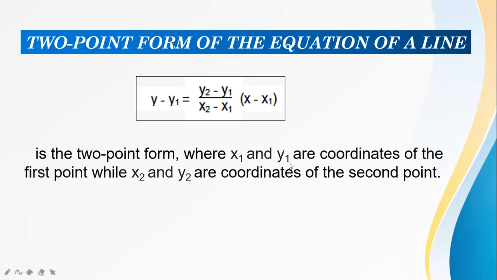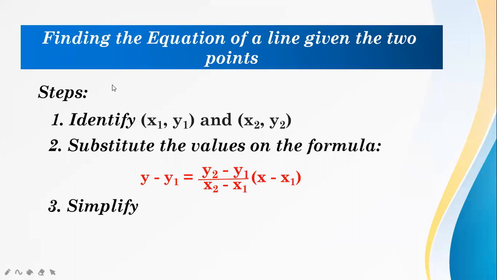To find the equation of a line given the 2 points, these are the following steps. Number 1, identify your x sub 1, y sub 1, and x sub 2, y sub 2.